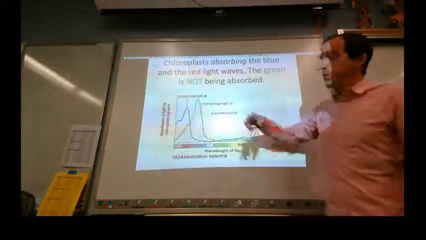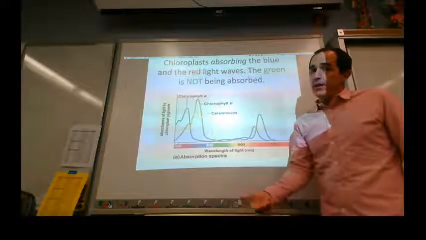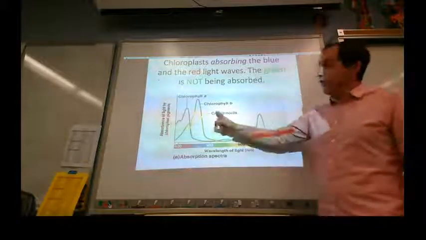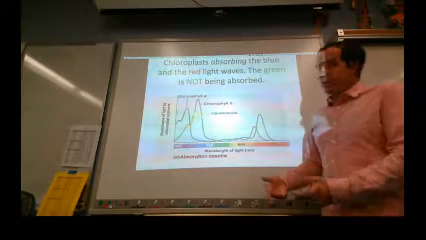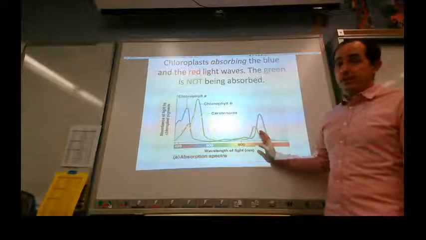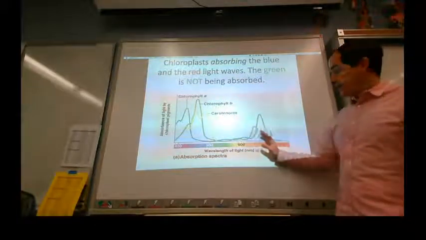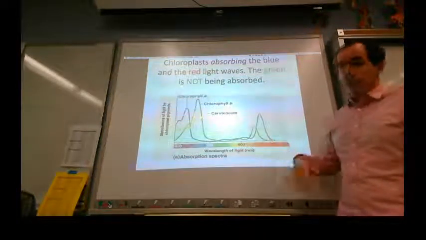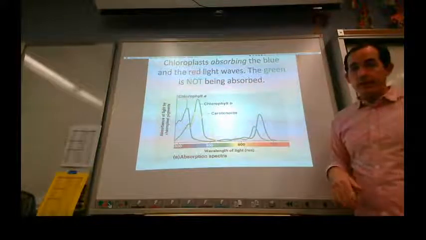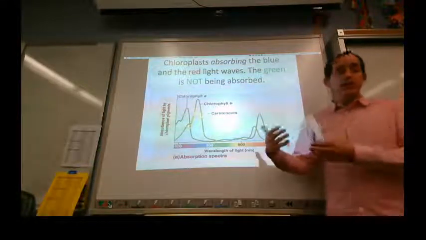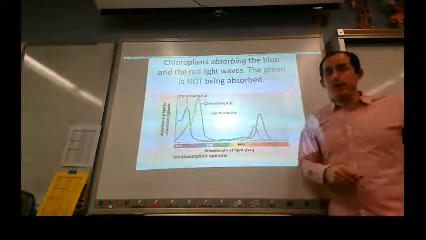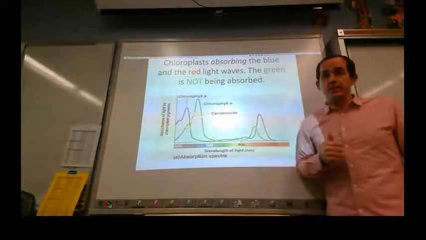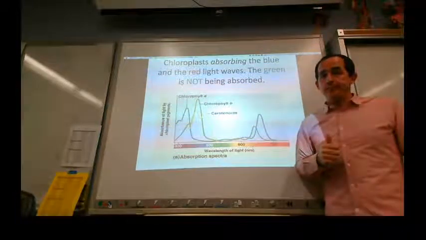So chlorophyll A and chlorophyll B start to break down, and what starts to take over are these accessory pigments. So what do we start to see? We start to see reflection in the red, orange, yellow, brown portion of the spectrum. So the leaves start to change color because chlorophyll A and chlorophyll B are breaking down, and these accessory pigments are doing all of the work.